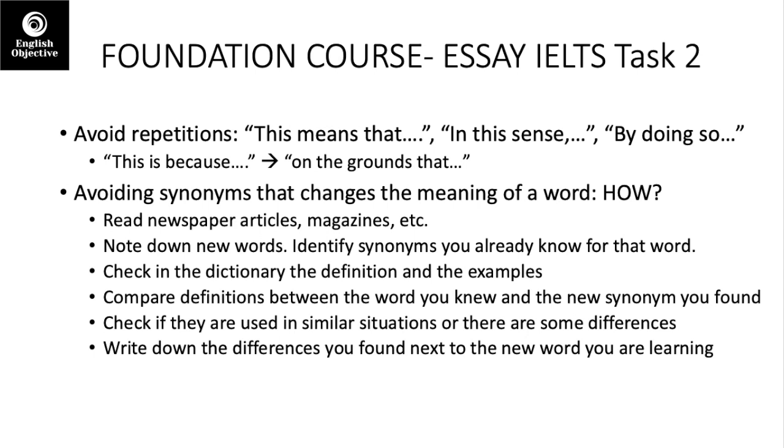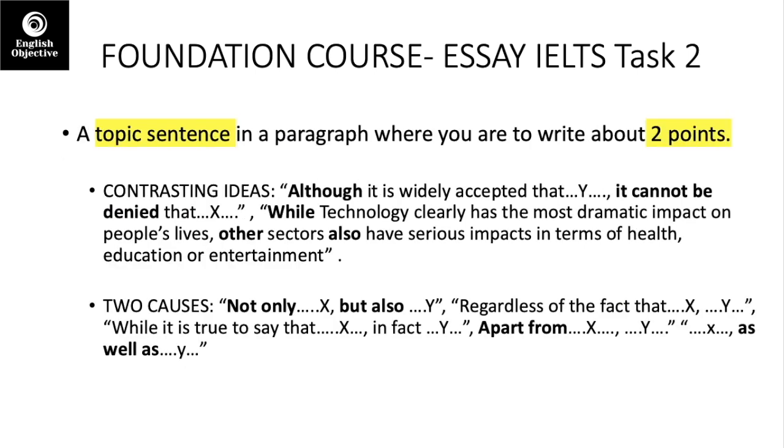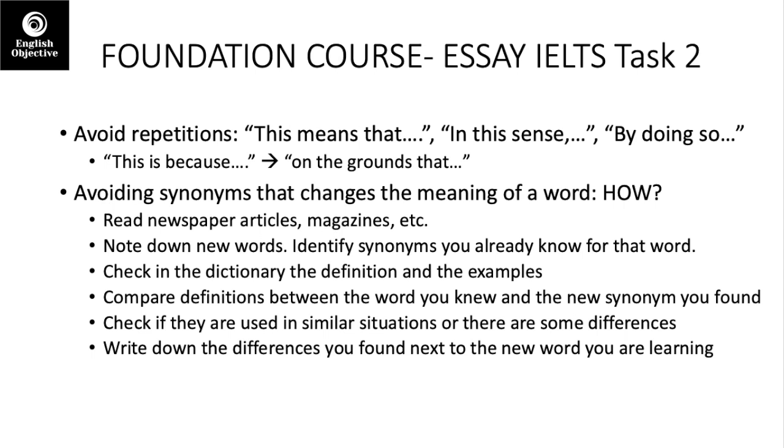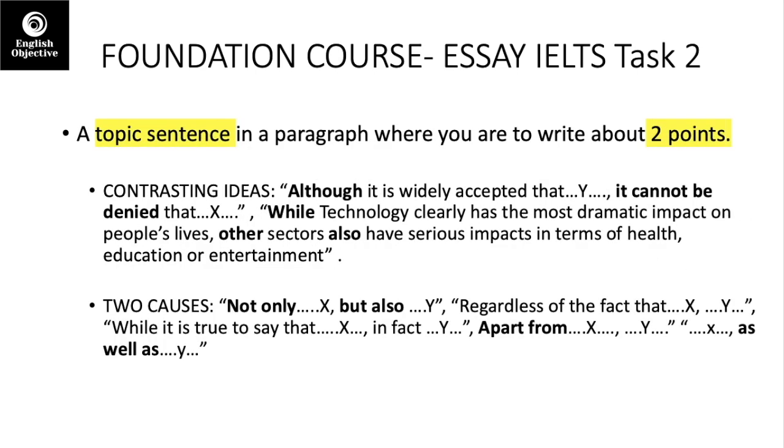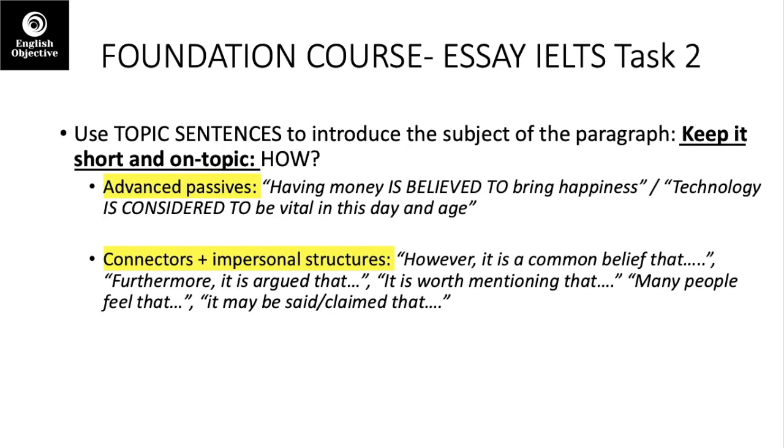Obviously, you can only do this when your topic sentence depends on one idea and not two ideas, as we saw before. If it is about two points, definitely you need to start a new sentence with "this means that", or "in this sense", or "by doing so", or "this is because", all right? You could never join it together because that sentence would be too long, okay? I'm speaking about doing it with these short ones, okay?